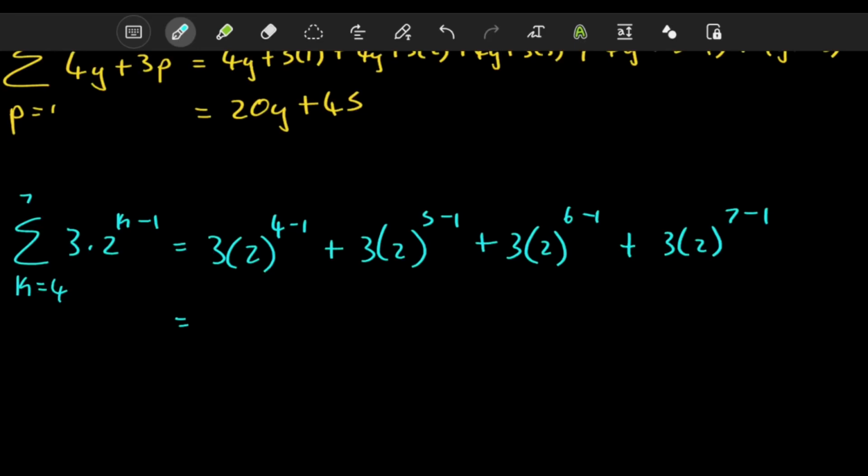So don't be scared of putting a lot of stuff into your calculator. It is what it is. 3 with a 2 to the power 4 there. And then 3 with a 2 to the power of 5. And then 3 with a 2 to the power of 6. Okay, all this into the calculator. It's nothing crazy. This is going to give us 360. Fantastic.